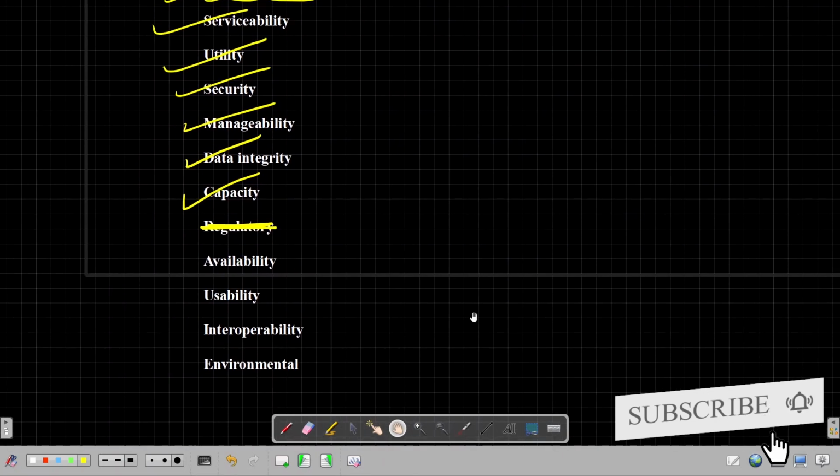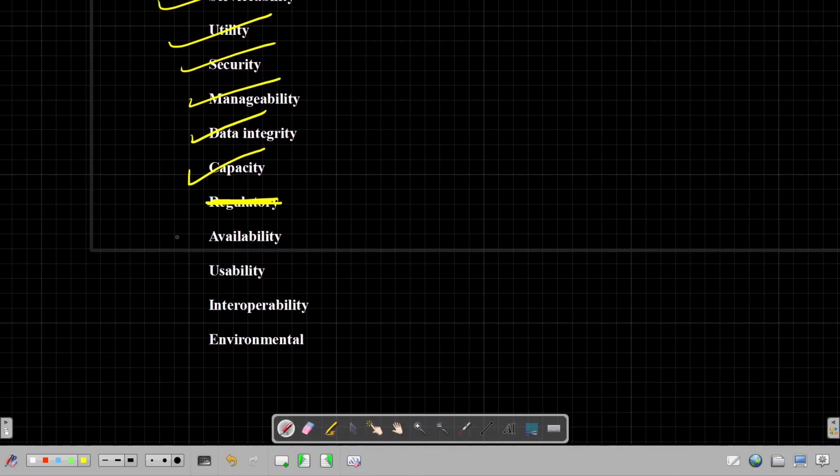After that, there is availability. Our system should be highly available. The downtime should be minimal. So there could be certain non-functional requirements around that, such as its availability should be a certain percentage. It should be available for this much percentage of time in a year.